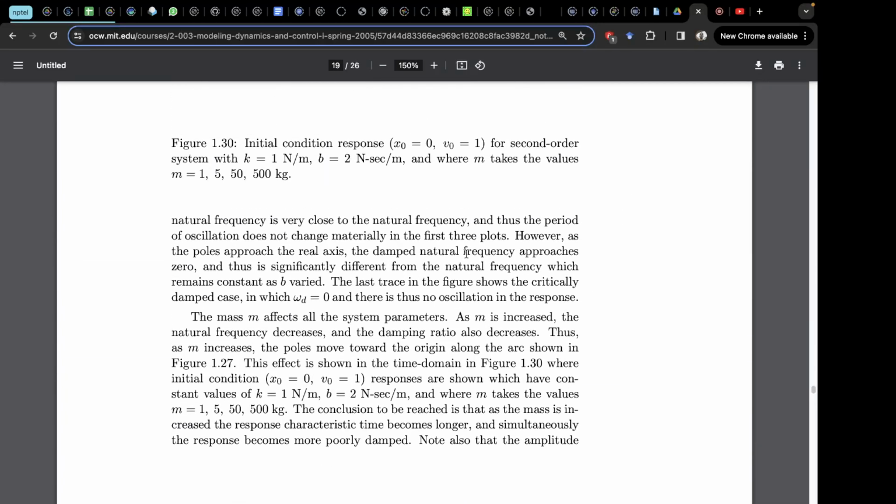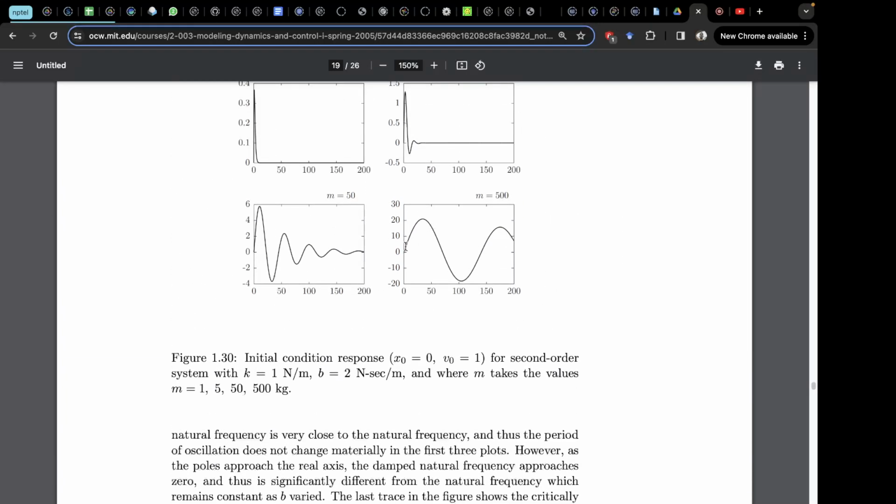So this amplitude, for the same v0, why will this increase? Because you are giving the same velocity to that mass. So the initial energy that you are putting in is higher. For the same velocity, the kinetic energy that you are giving to the system is higher for the higher mass system, right?